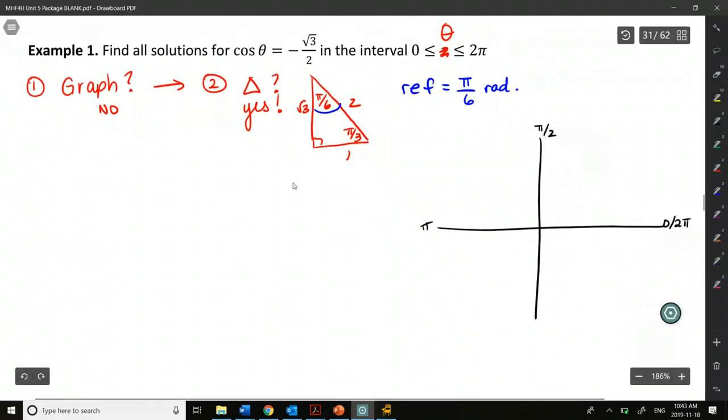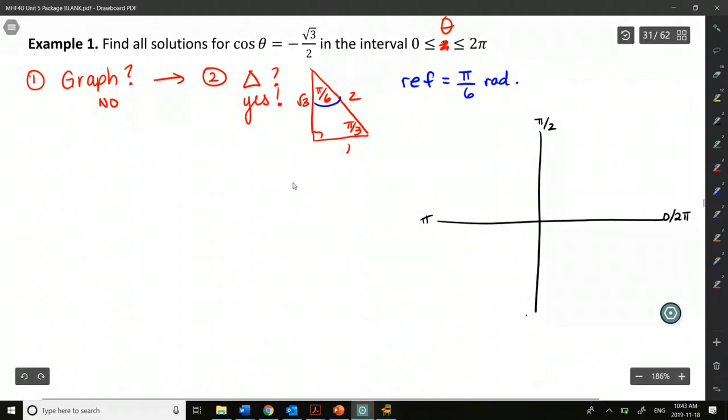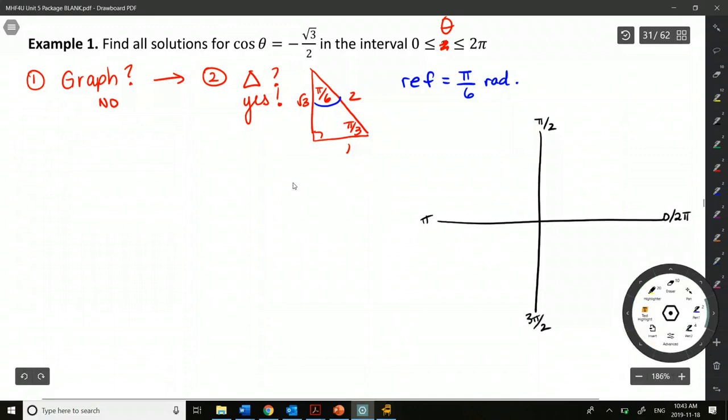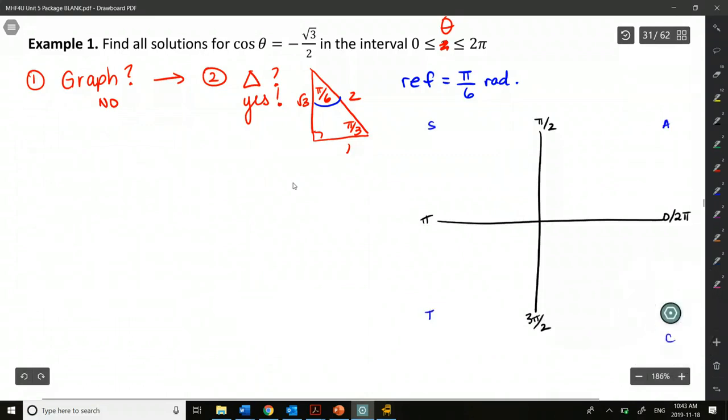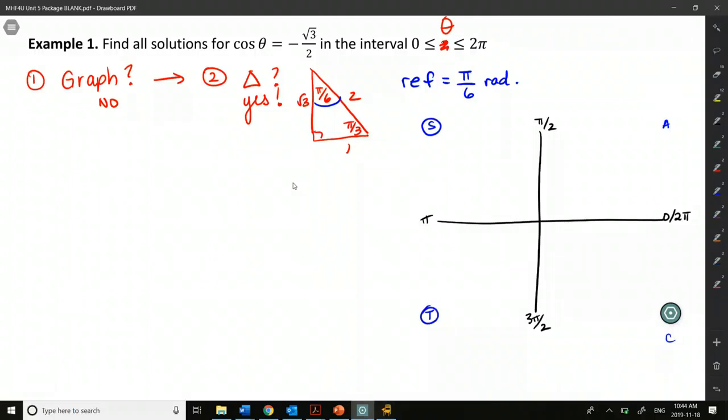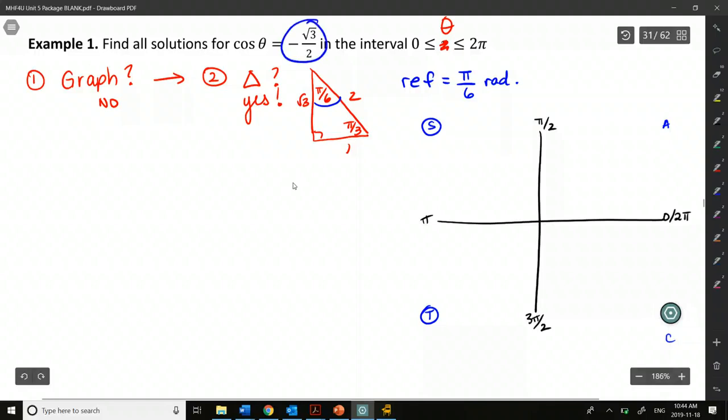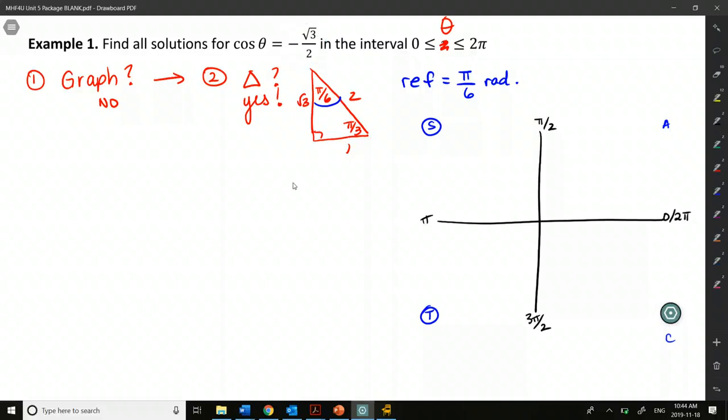The sine or the tan quadrant. Great. So thinking about the CAST rule here, our possible answers will fall in the sine or the tan quadrant, because that's where cosine is negative. Okay, so cosine is equal to negative root 3 over 2. So that's how we know it's in those particular quadrants.